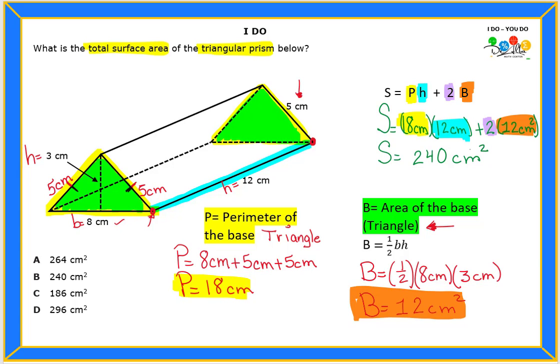Now remember that if the question was asking you only for lateral, then I would stop right after the blue, which is 12 centimeters, right? But the question is about total surface area. So my final answer for this is 240 square centimeters, of course, right? And the answer for that is letter B.